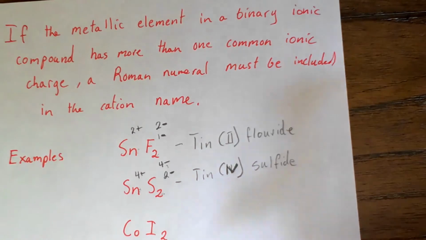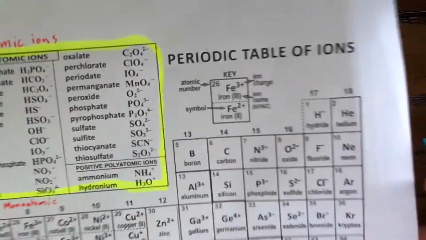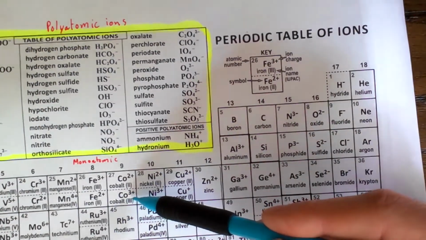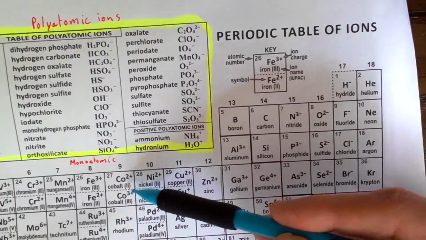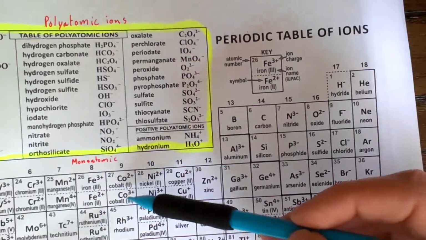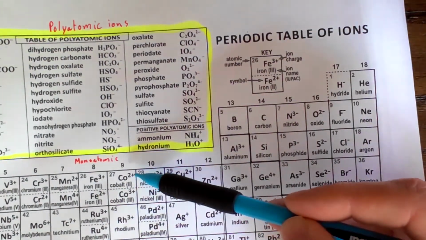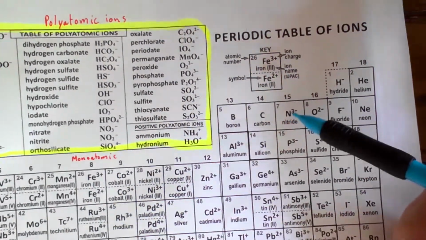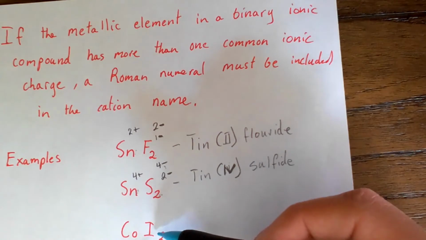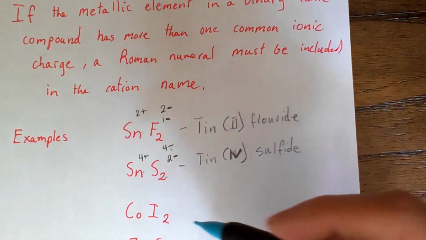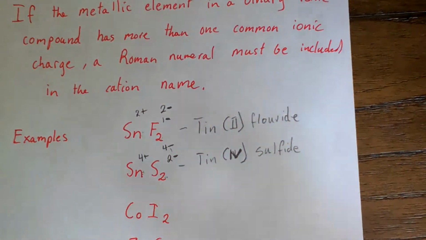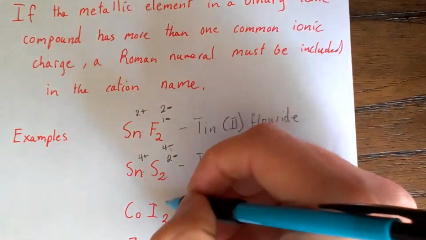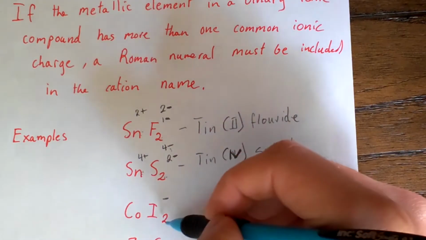All right, let's do the next one. CoI2. Co is cobalt. Notice that cobalt can have a 2+ charge or a 3+ charge. Which one are we using? We have to figure it out based on the non-metal. The non-metal over here is iodine. Iodine is in group 17. It has a 1- charge. So we have a 1- charge, and we have 2 iodides.